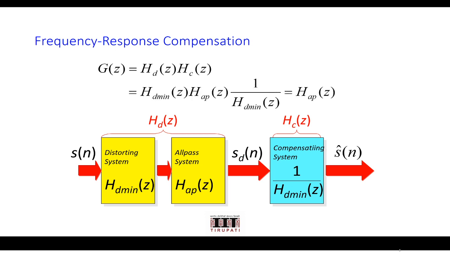H_D of z you have written as a minimum phase system and an all pass system, and H_C of z is 1 over H_D min of z. So all that remains is that all pass system. We have already seen in the previous class that this would give you the same magnitude gain of frequencies. All it does is introduce some distortion in terms of the phase. That's all that it would introduce. Hope these slides are helpful for you to understand it clearly.